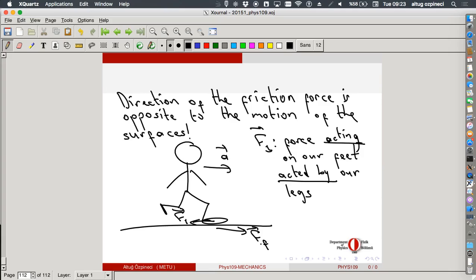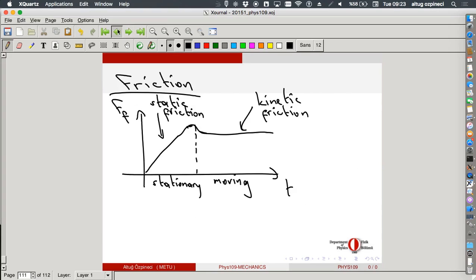Although, of course, my body is moving, the friction force is only created by the surfaces in contact. It's not created by my body. Now let's look at the magnitudes. This was our graph of how the friction force changes as I change the force that I exert.